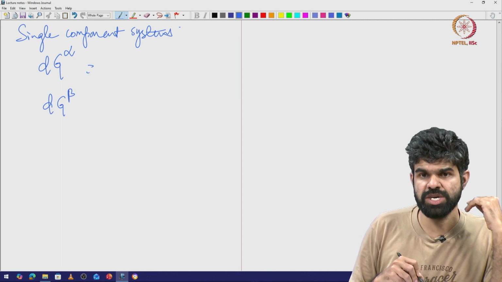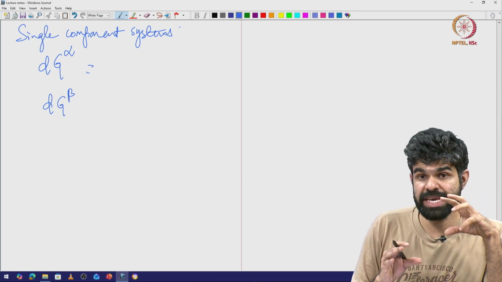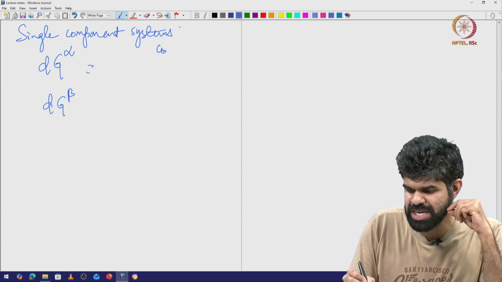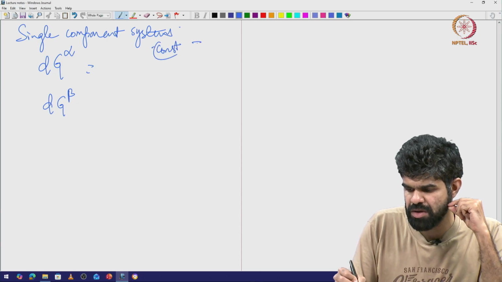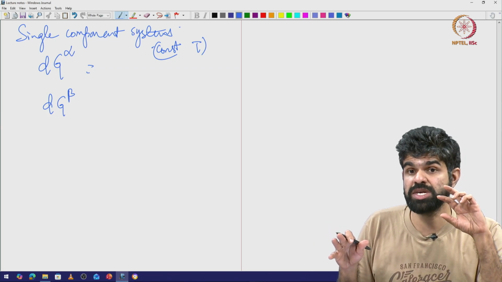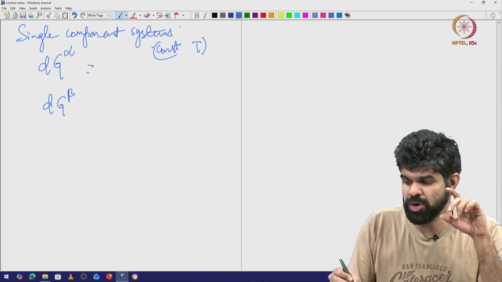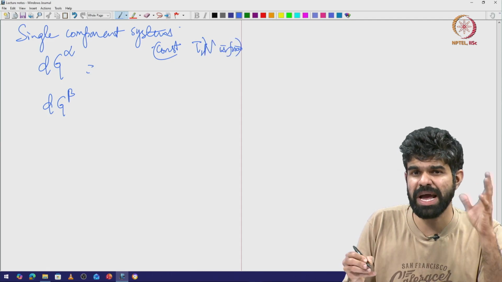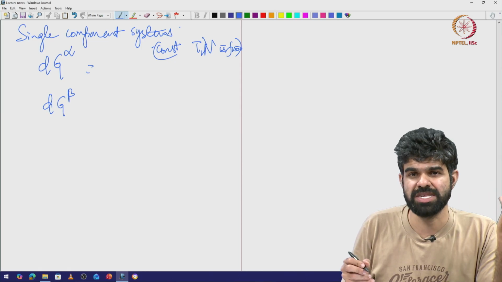How do I change the dG of a solid phase, at a constant temperature? I am not changing the temperature, and the number of molecules N is also fixed. So it is coming back to a closed system in some sense.